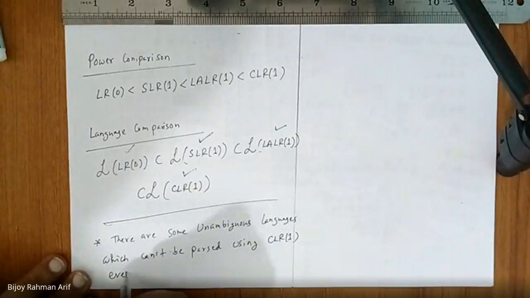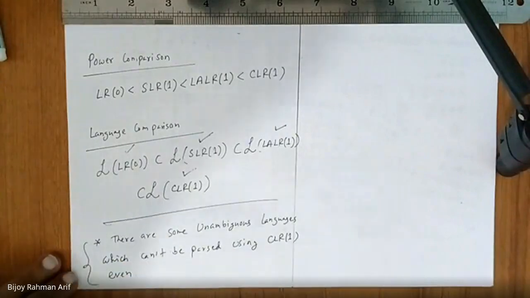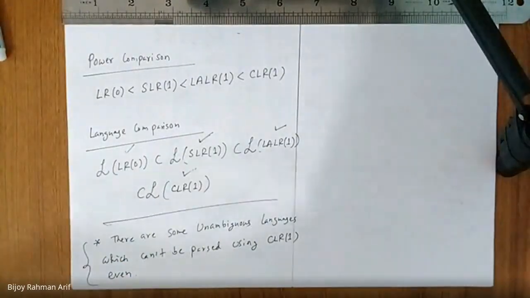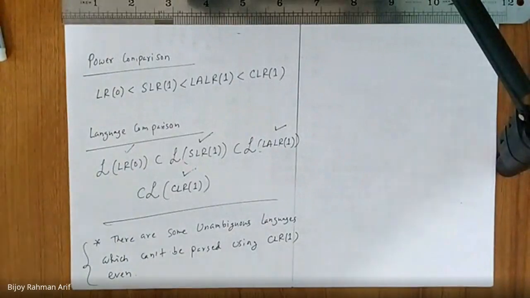So that is the shortcoming of humans. There are some unambiguous languages which cannot be parsed. We cannot use those actually. Though the grammars are unambiguous, our method is not powerful enough. So even using CLR1, we cannot generate a parse tree.